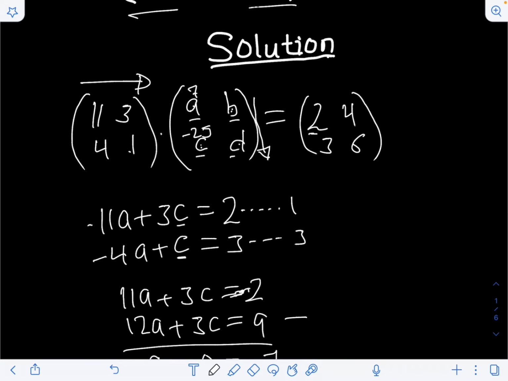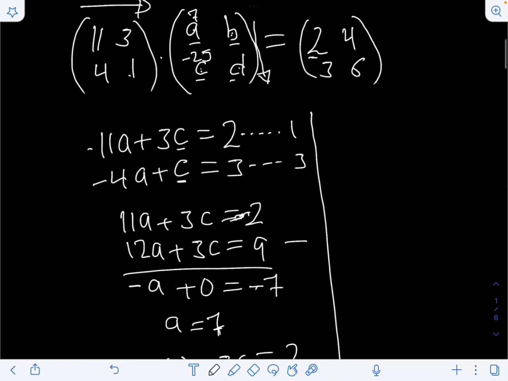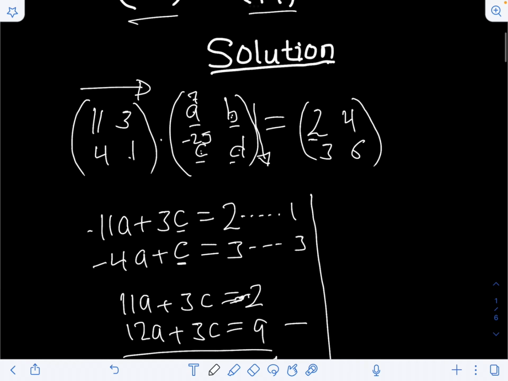So let us find also B and D. Okay, how can we find the B and D? Good. We still use the first row, then second column. Let's use the first row times second column. First row means 11 times B, which is 11B, plus 3 times D, 3D, should give us this 4.